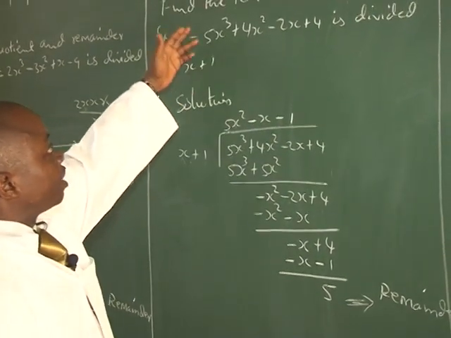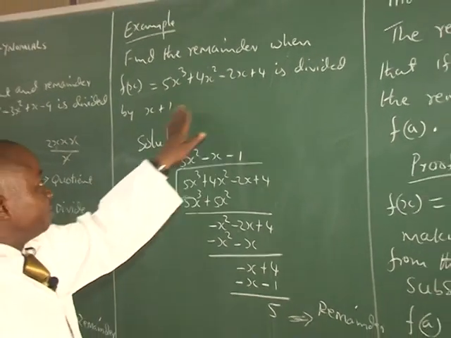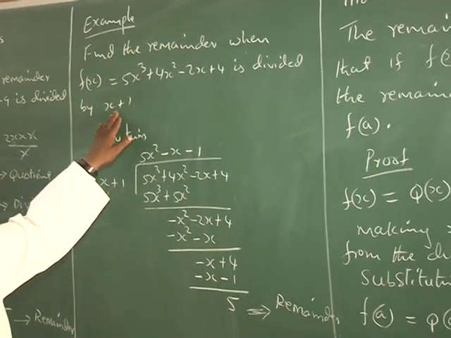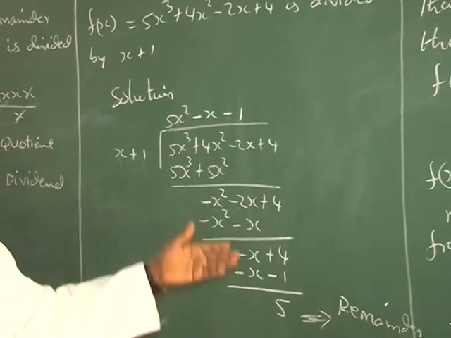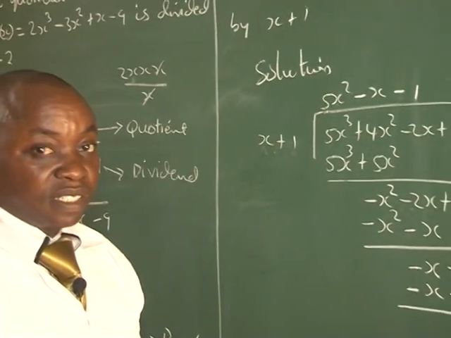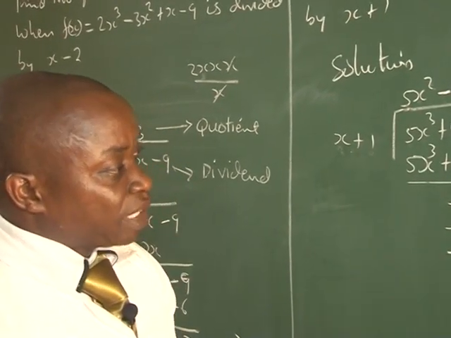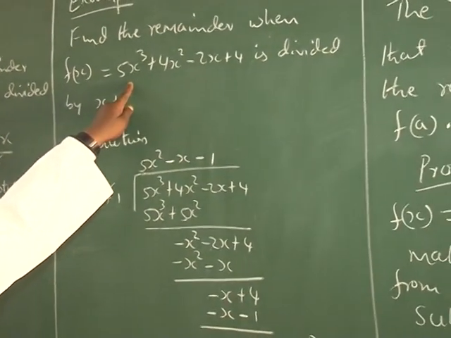The remainder theorem says that, like we were asked to find the remainder when f of x equal to this is divided by x plus 1, we may not need to go through this long division method. We can use the remainder theorem to get it very easily. Now see what we'll do applying the remainder theorem. We want to go back to this question because we are asked to find the remainder.